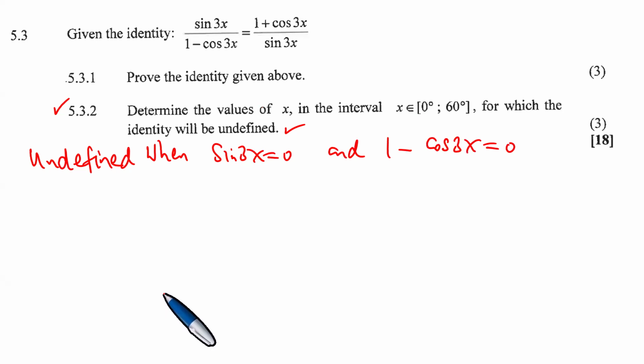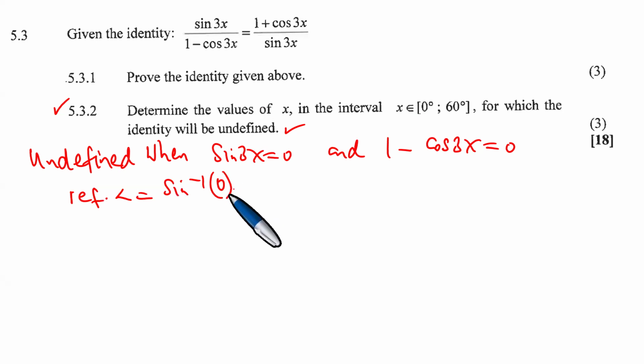0 divided by 3. Yes, we can do that. So sine x is 0. So we're going to find our usual stuff. What do we call those? The reference angles. So now we're dealing with the reference angle. The reference angle of this one is going to be arc sine of 0.